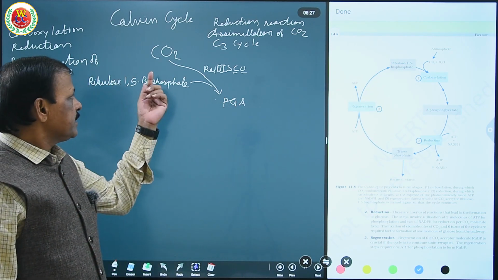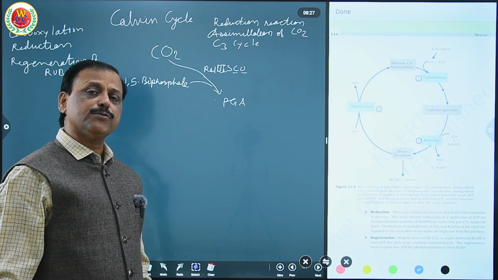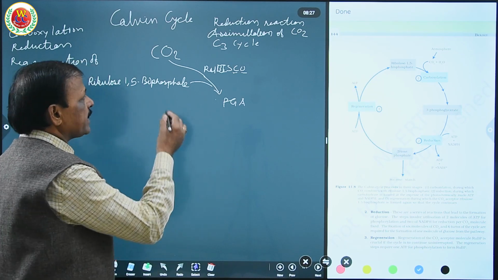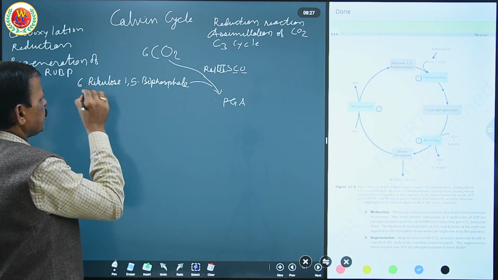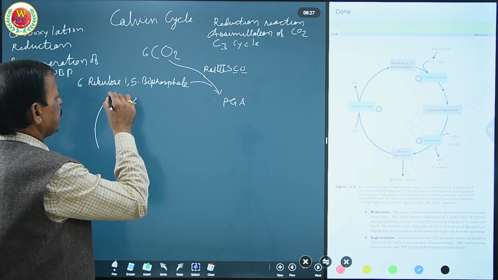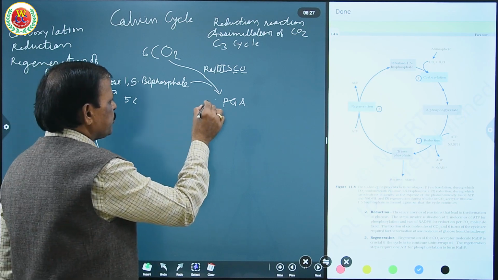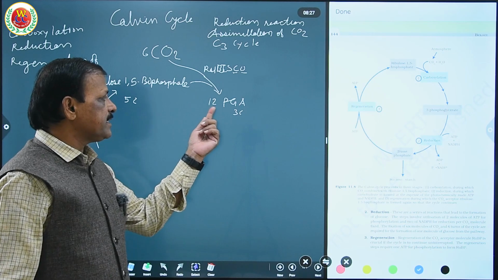Now, as we know, this has to complete 6 cycles to fix 6 molecules of carbon dioxide. So at a glance, 6 CO2 combined with 6 molecules of RUBP having 5 carbon compound produce 12 molecules of PGA, which is a 3 carbon compound. That means 36 carbon.